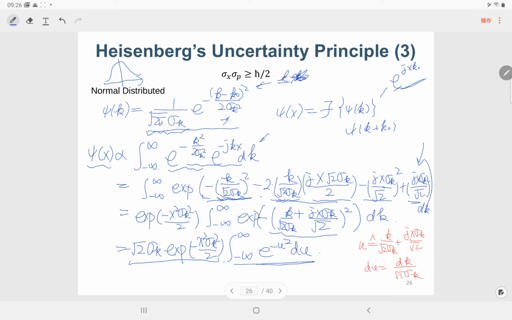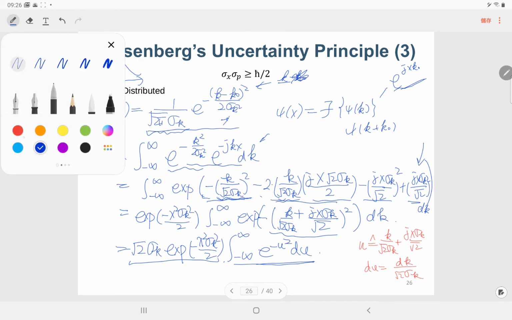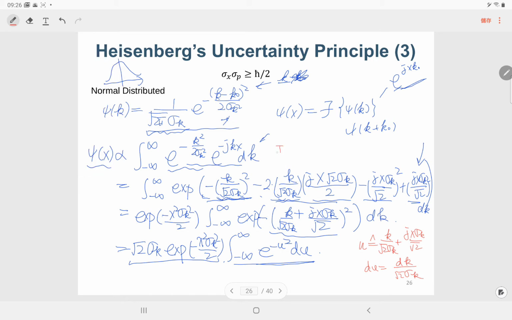Actually, it can be calculated like this. Suppose we have I equals this one, the integral of exponential to minus x squared dx. So I squared will be nothing but the integral of exponential to minus x squared dx, and then the integral of exponential to minus y squared dy, because this one and this one are actually the same.